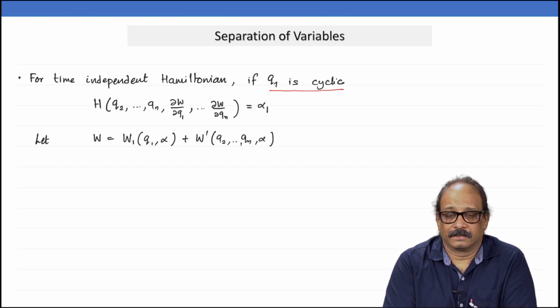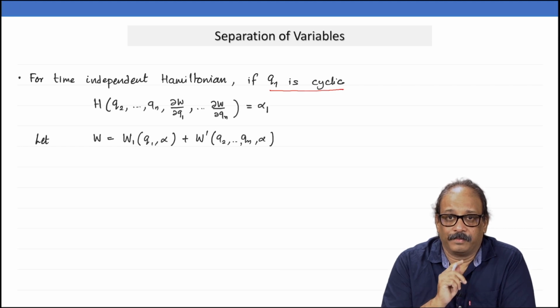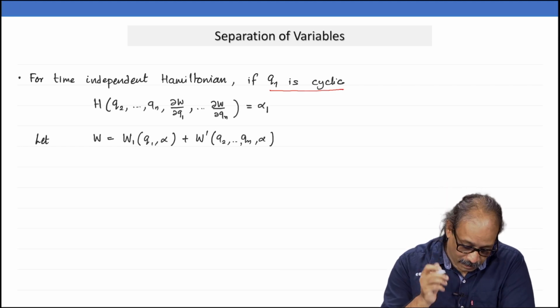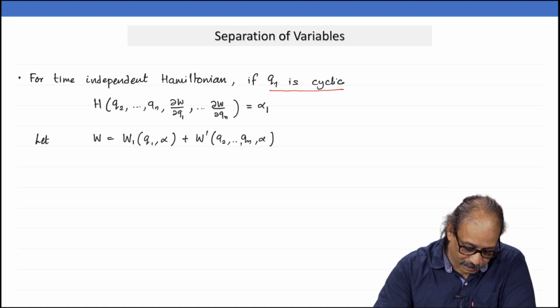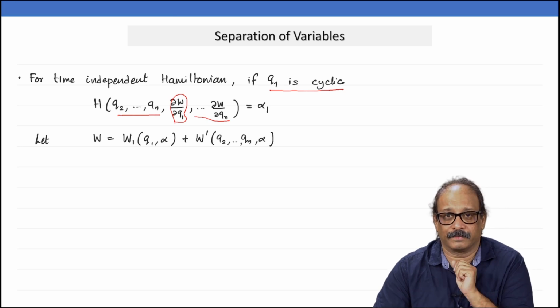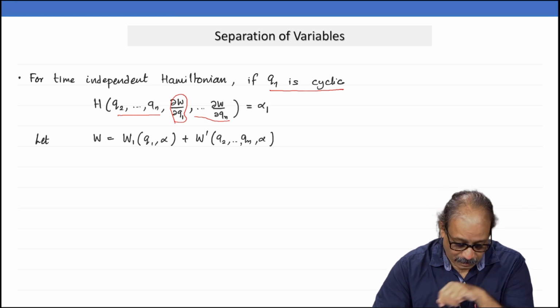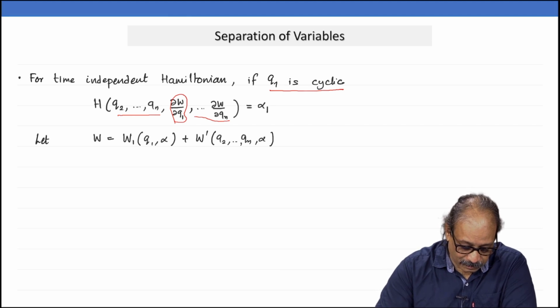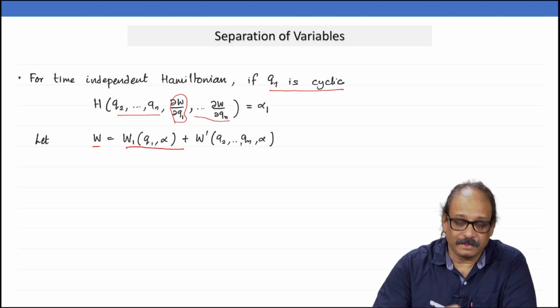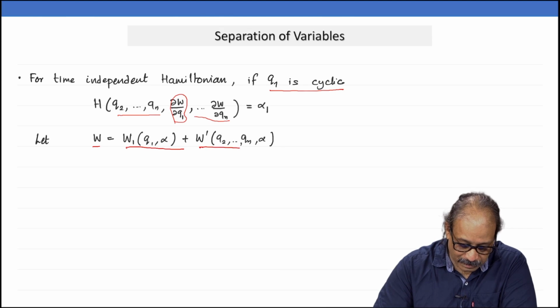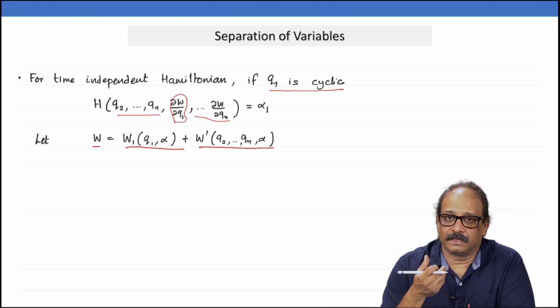If q 1 is cyclic, then we already know that p 1 is a constant of motion. So, what I am going to do is this: the Hamiltonian is a function of q 2 to q n, and then there are these partial derivatives, but this particular partial derivative we know is a constant number. So, I can put that as a constant. Now I can separate the characteristic function W into two pieces, one piece which depends only on q 1, and the other piece W prime which depends on the remaining variables.